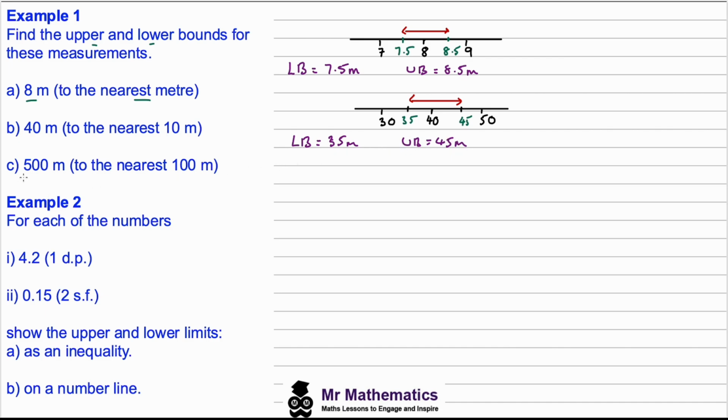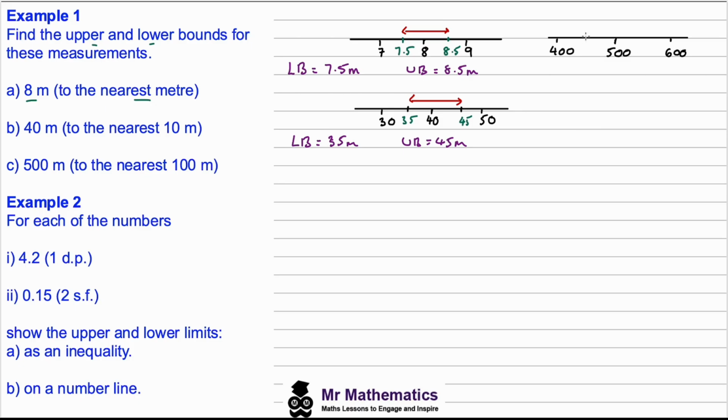Do you want to try question C? We've got our number line. We have 500 to the nearest 100, so 500 goes in the middle. And then on either side of a 500, we've got the next hundreds, so 600 to the right and 400 to the left.